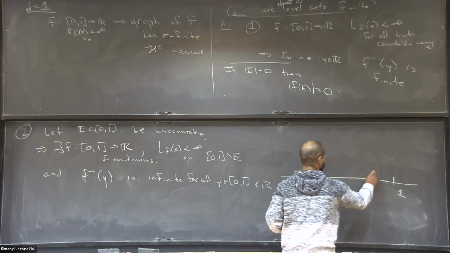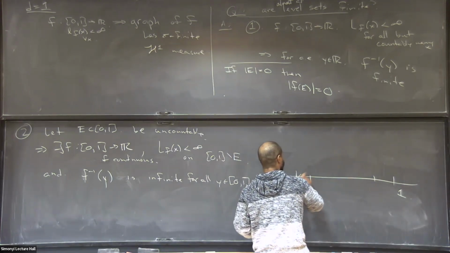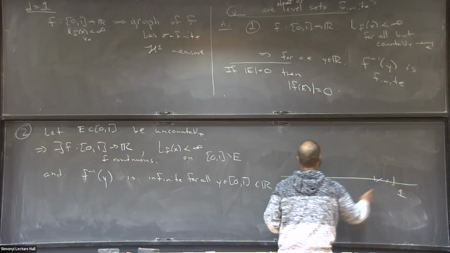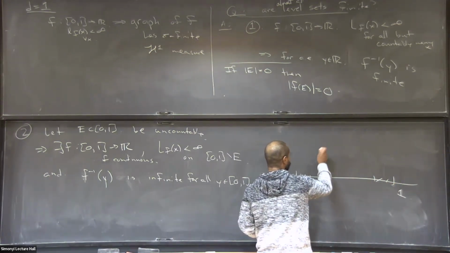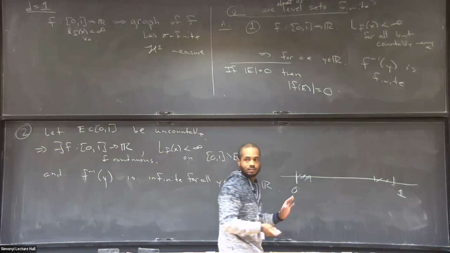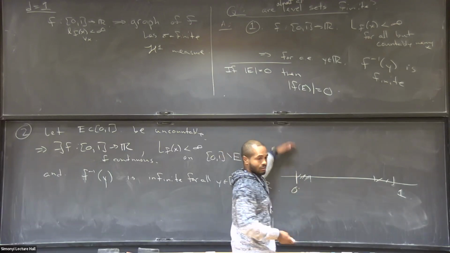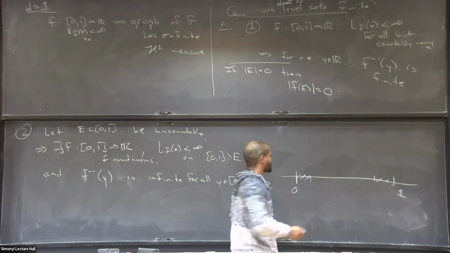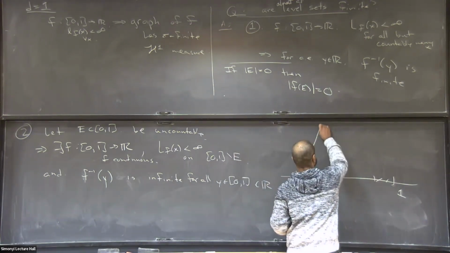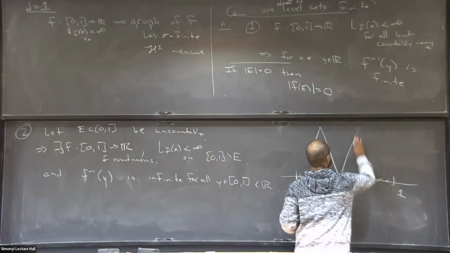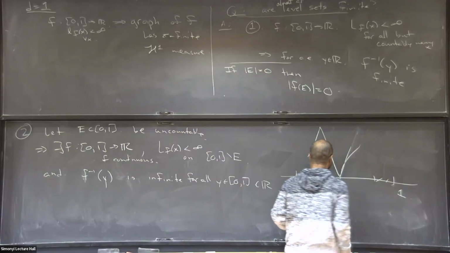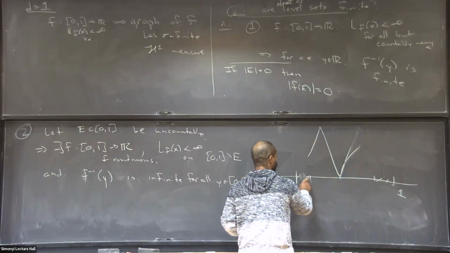So you start maybe here. And then you say, well, I just need something that eventually will be continuous and also whose image is, let's say, all of [0,1]. Right? So something like maybe something like this. And then you do the same thing.